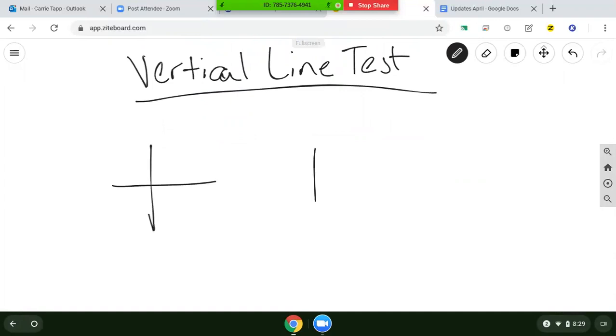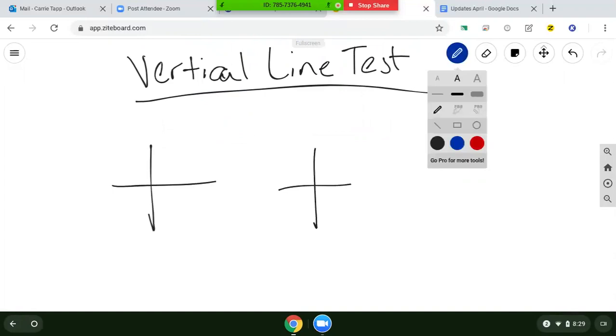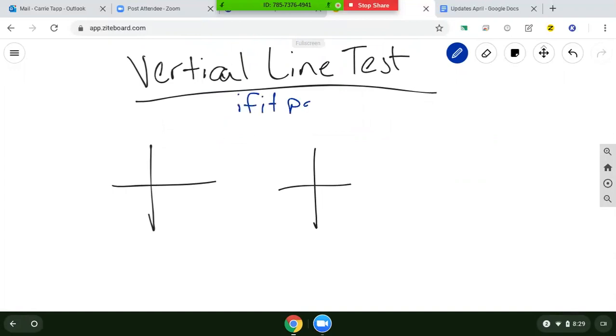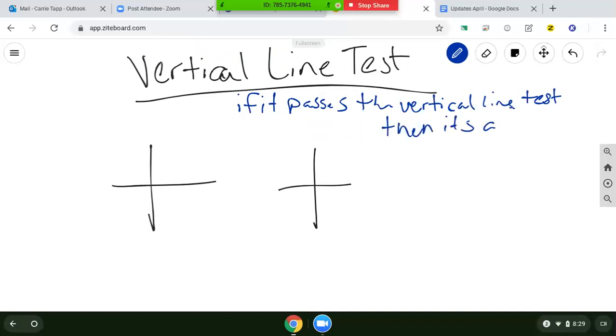So what you're going to do is see if it passes the vertical line test, then it's a function. Sorry, I'm writing on my computer screen with a stylus, so that's the clicking you keep hearing.